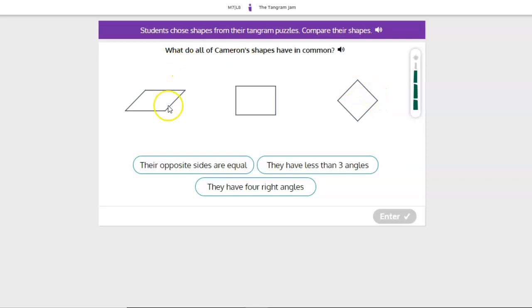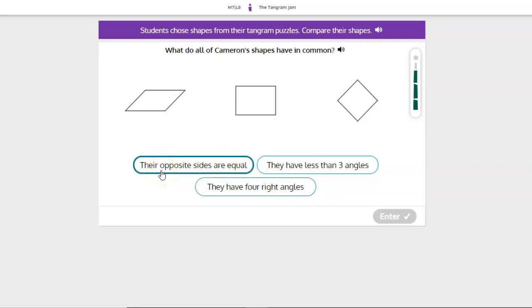When we look at this shape, does it have 4 angles that actually make perfect square corners? No, it doesn't. So this one cannot be the answer because they do not have 4 right angles.